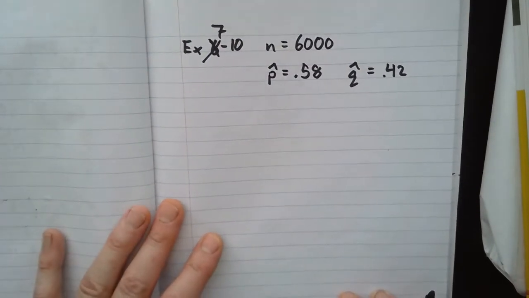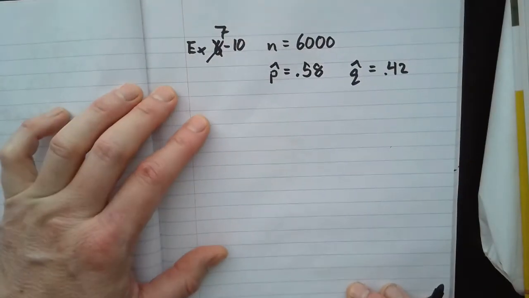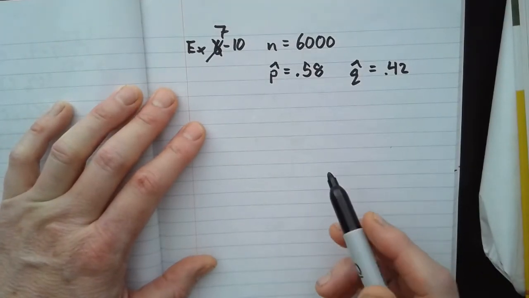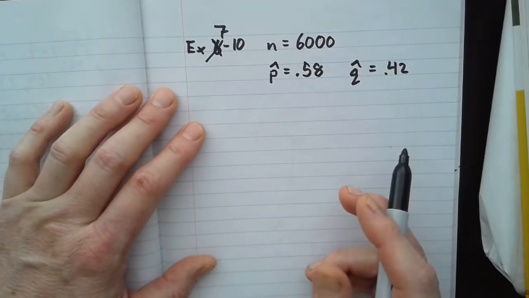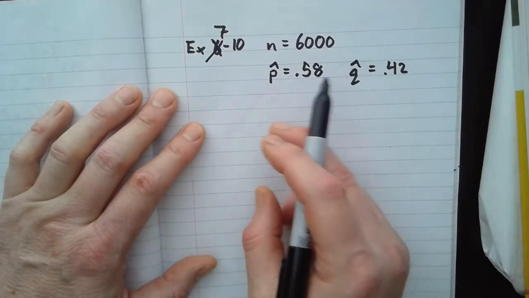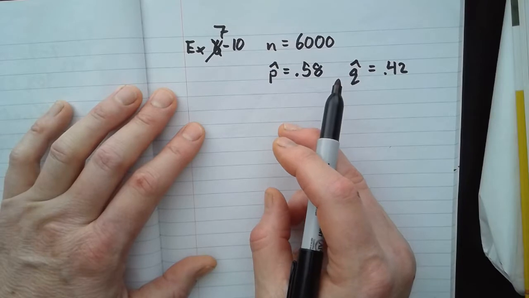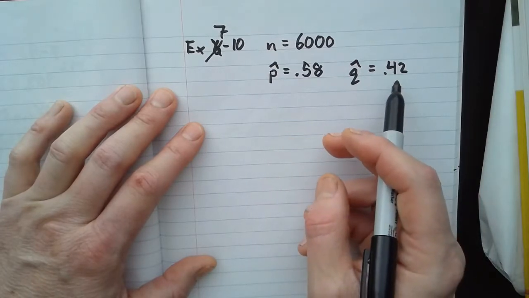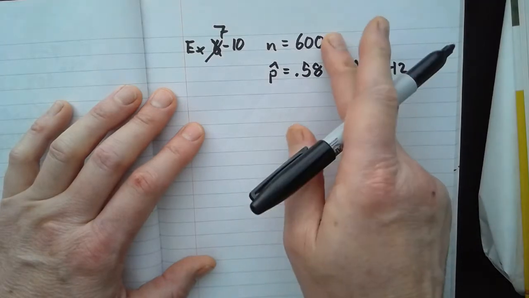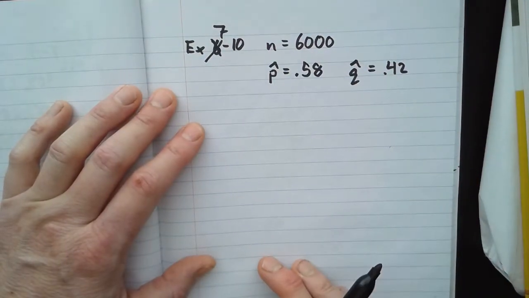All right, so here, in order to use these results, the formula, we have to have that condition in place. And here, I have no idea what 58% of 6,000 is. I know it's more than half, and that's more than 5. And for the other, that's not quite half, but it's at least 10%. 10% would be 600, so that's bigger than 5.